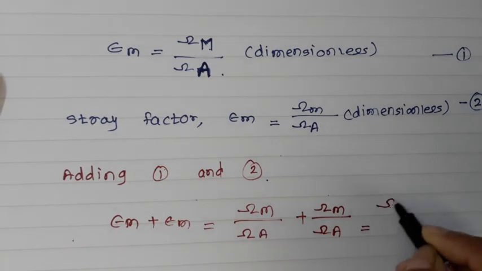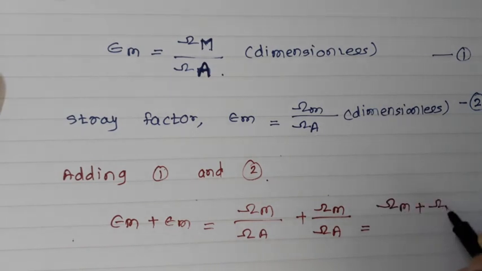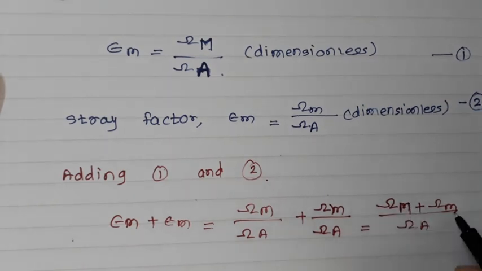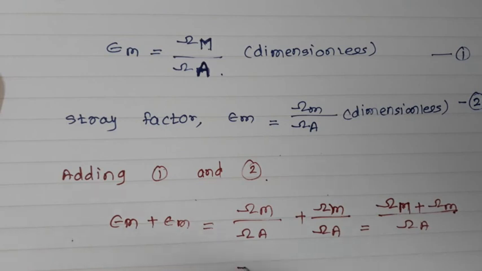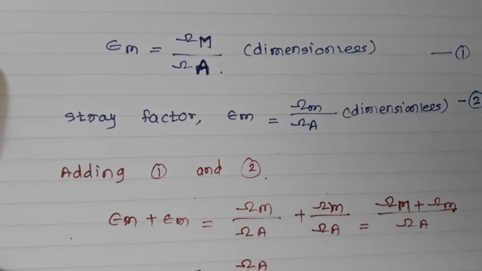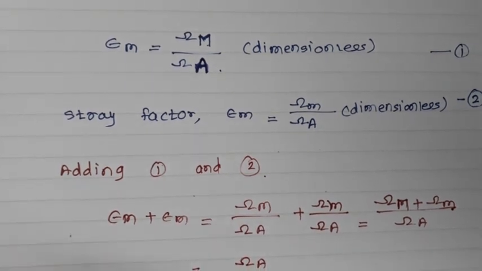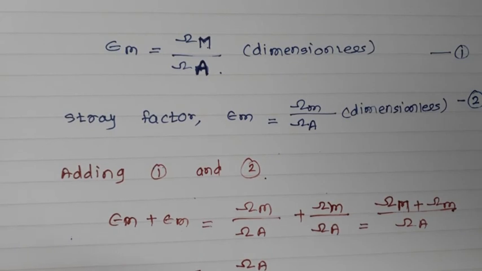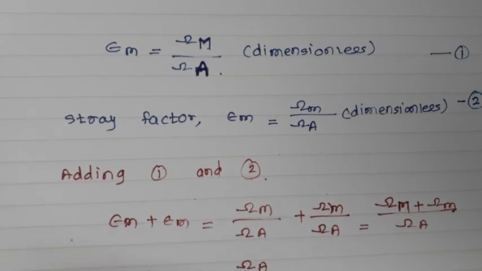Since the major lobe and minor lobe together give the total beam area, this is nothing but 1. So the stray factor plus the beam efficiency is equal to 1.